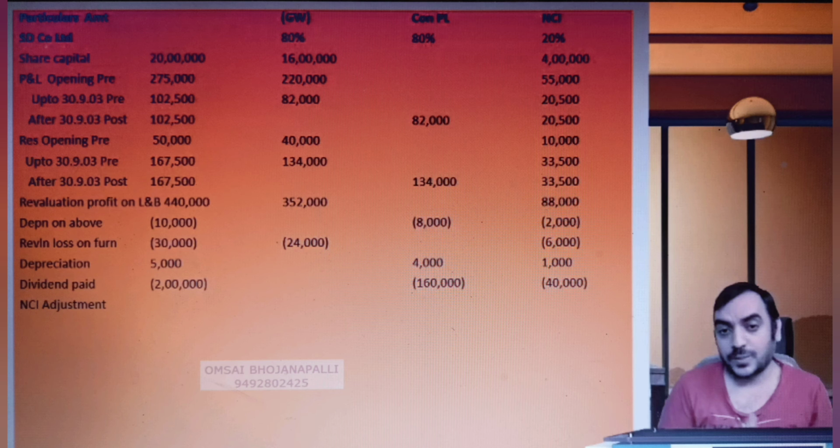For plant and machinery, what is the rate of depreciation?